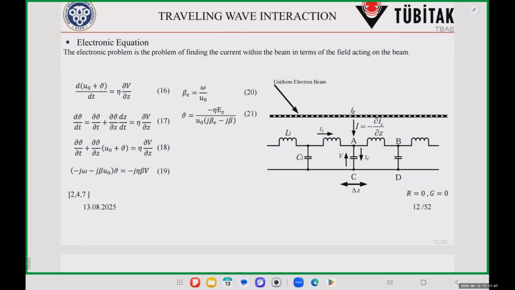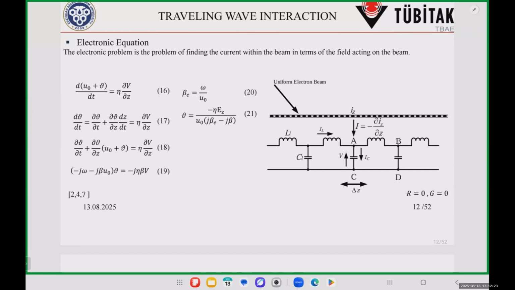Yeah, you are right, because the electron beam passes through the helix, and this induces a current in the helix. Some time varying magnetic field interaction happens in the helix.